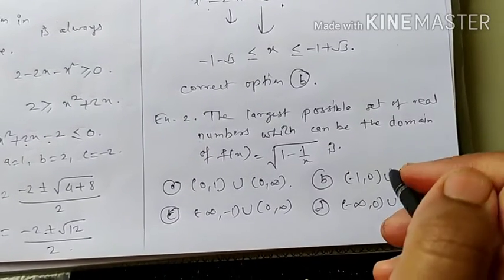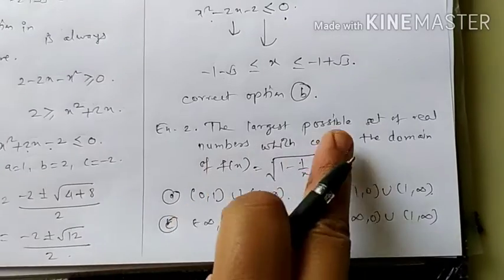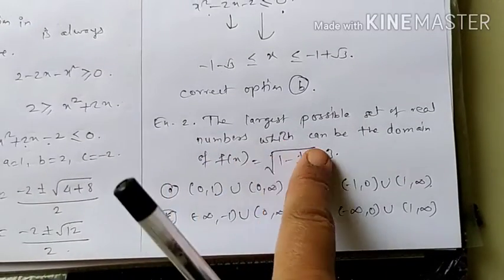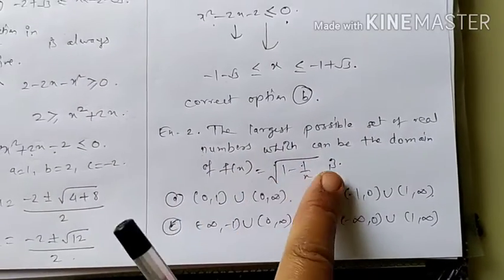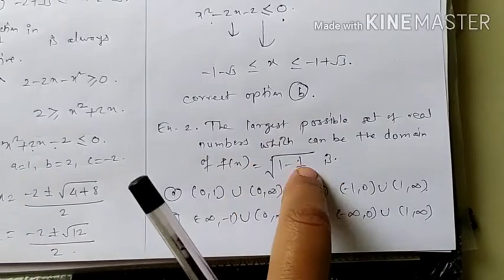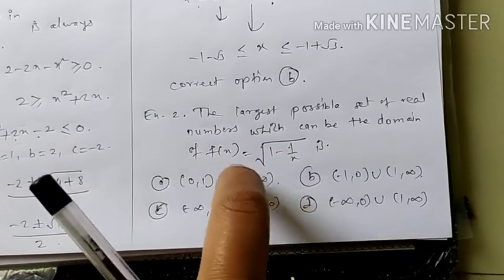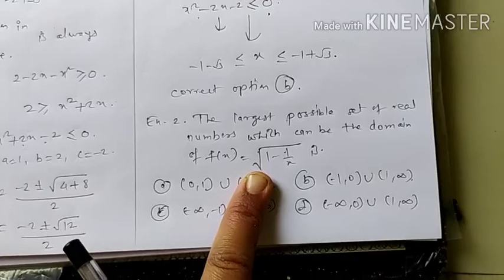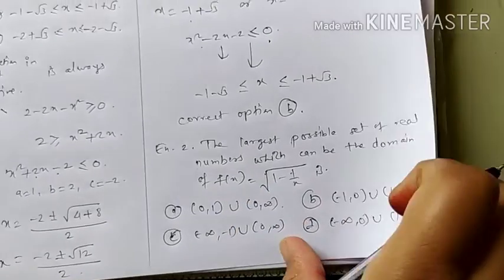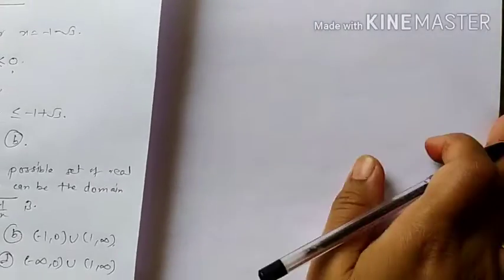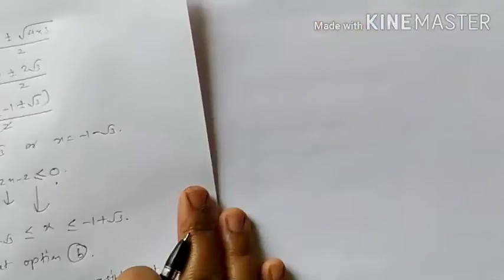The largest possible set of real numbers which can be the domain of f(x) means what will be the values of x so that f(x) exists. Getting, students?